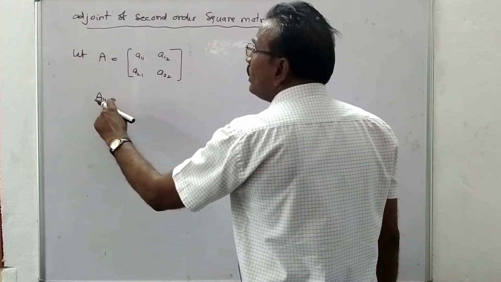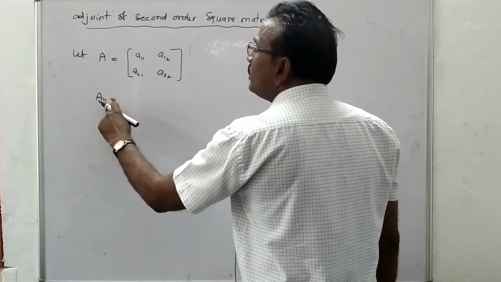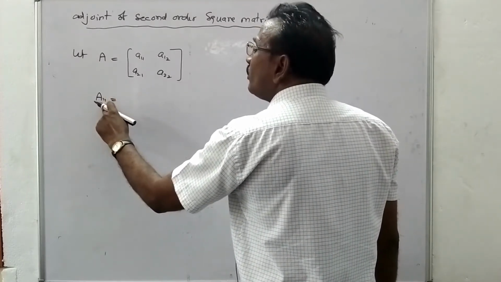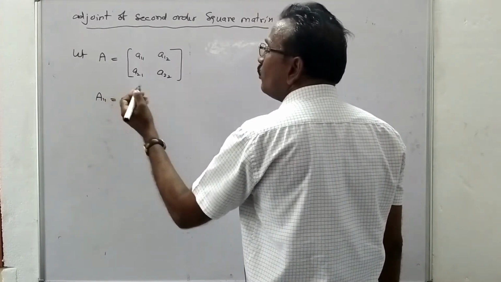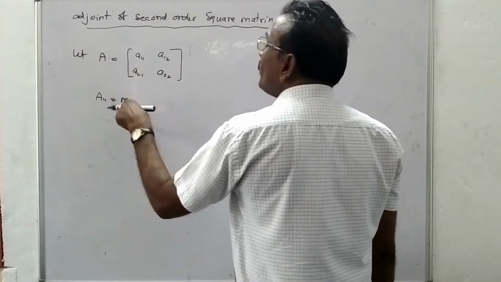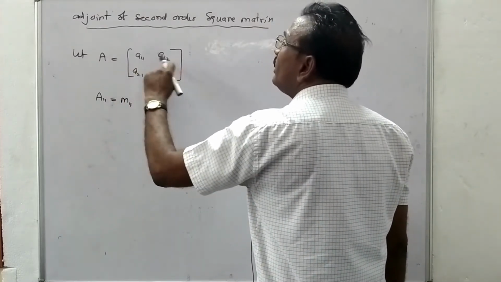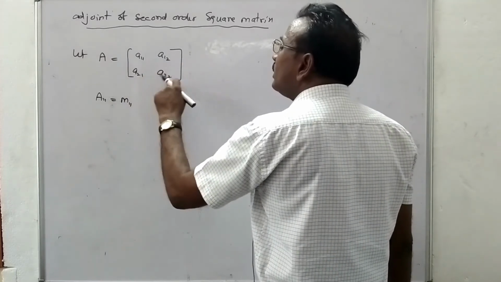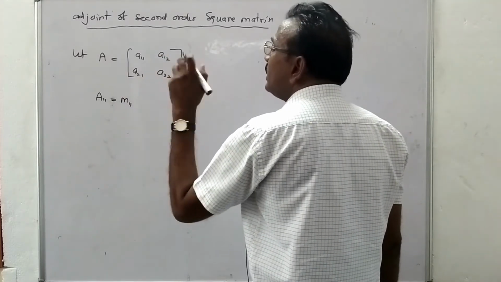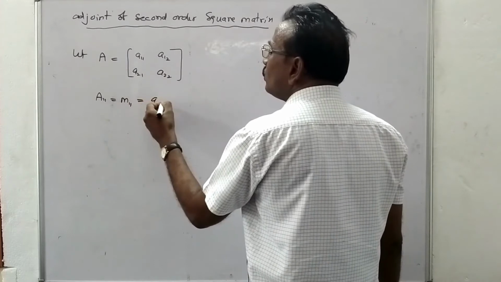Here the row is 1 and the column is 1, so minus 1 to the power of an even number, that is, the sign is plus, times capital M11, the minor of the element. The minor of A11 is obtained by deleting the first row and first column. The determinant of a single element is the element itself, that is A22.